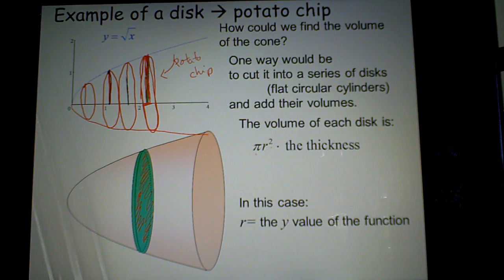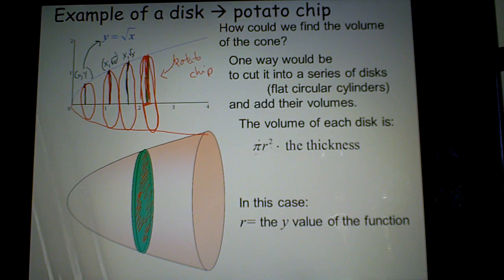So each one of these is x, comma, y. But that's the square root of x. So x, comma, square root of x. What is this blue height? At this particular x value, it's whatever the square root of that x value was. That's the height of each potato chip.